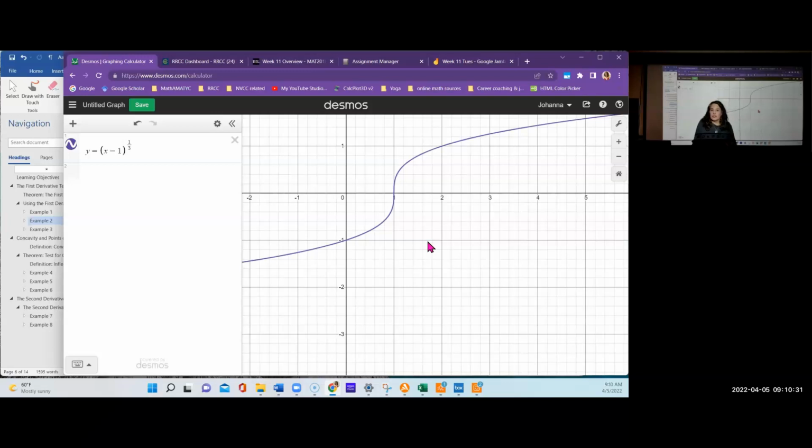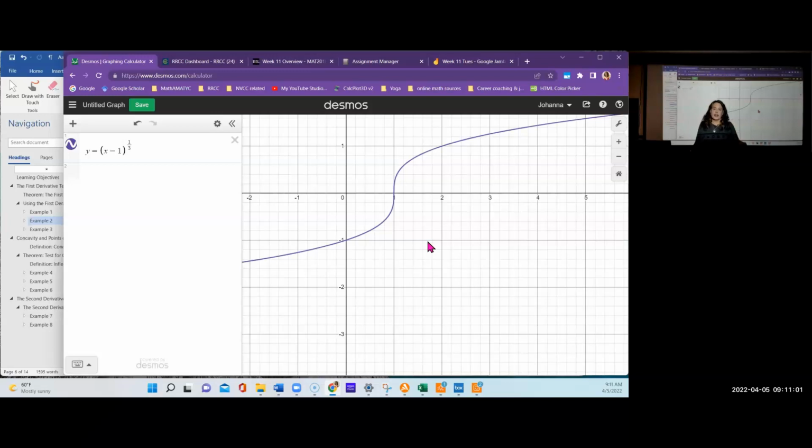However, what else do you notice about this? Alluding to what's coming in the second derivative, what do you see that changes right here when x is equal to 1? What is changing? The direction of the concavity. Yes, the direction of the concavity. So it's concave up from negative infinity up to 1, and it's concave down from 1 to infinity. So we do have something there.